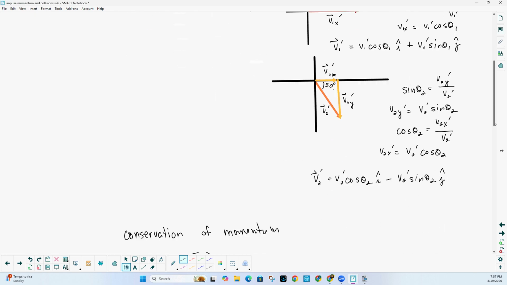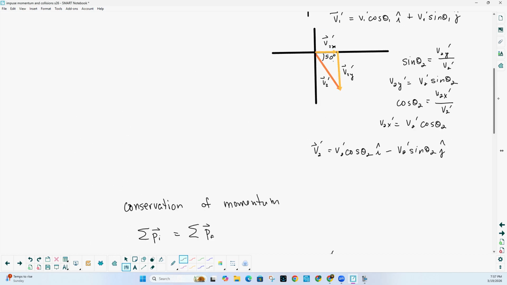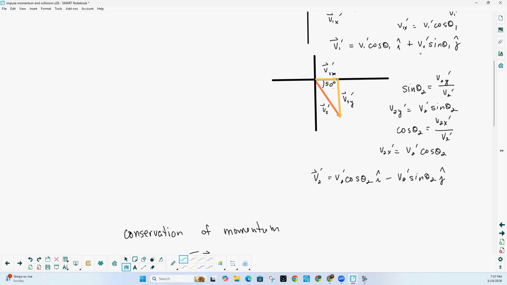It's only going east. So that means that this whole term is 0. So let's go ahead and do this. We have 0 is equal to, now let's add up the y components. We have v1 prime sine theta 1 j hat, and we have negative v2 prime sine theta 2 j hat.